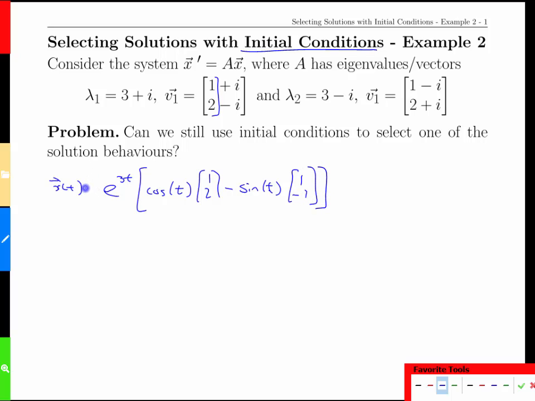And we should include a constant in front of that. We get c1 times this complicated solution here, and then c2 e to the 3t.